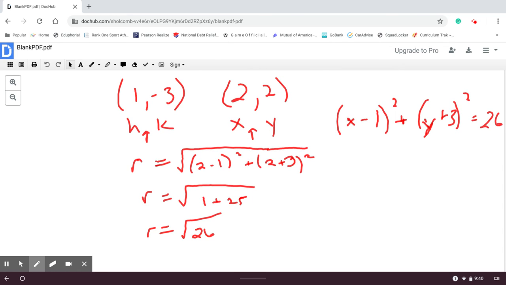So there's your equation if you've got 2 points, one being the center and one being on the outside of the circle.